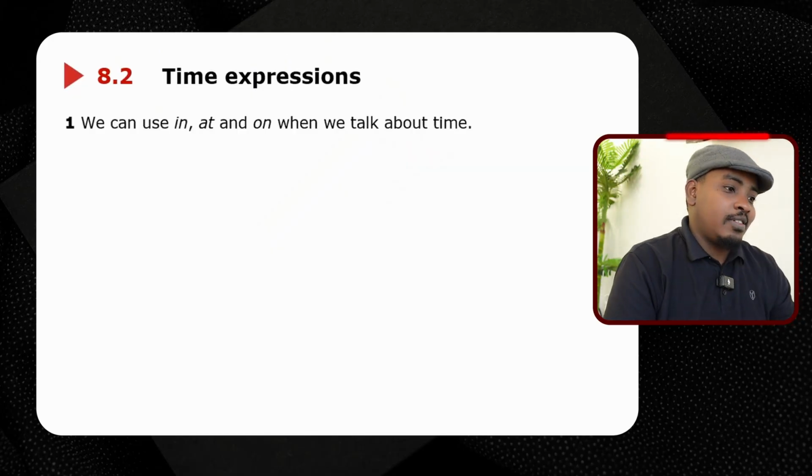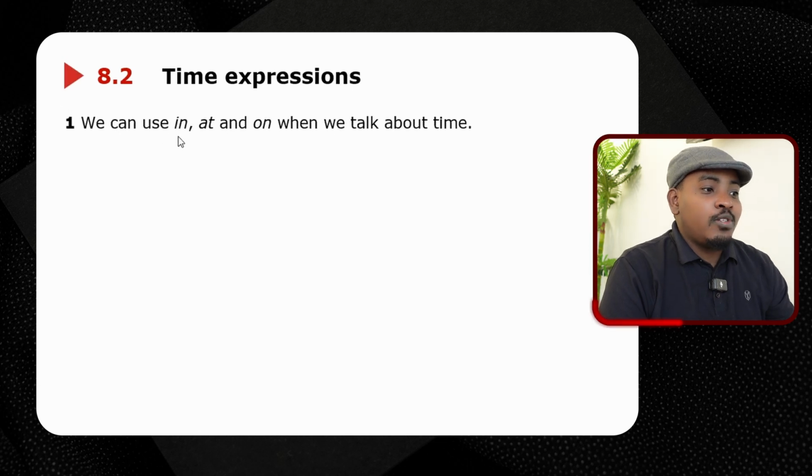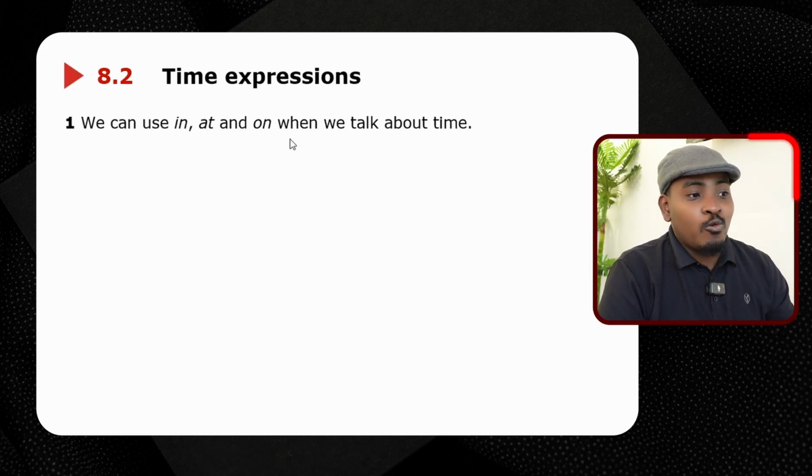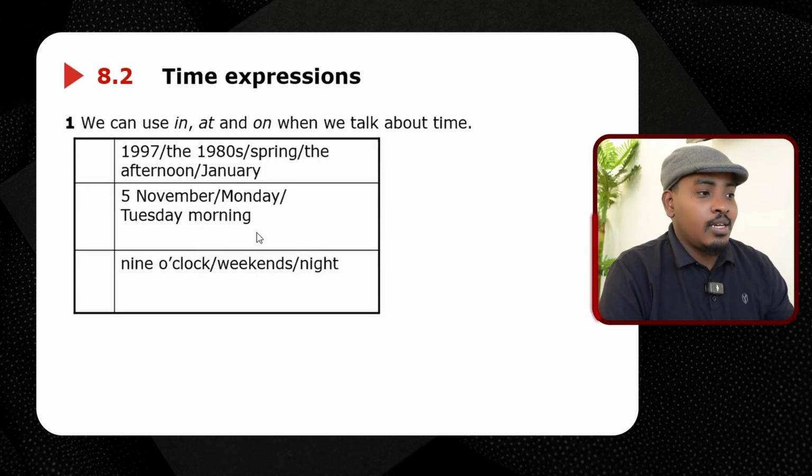Okay, let's have examples. We can use in, at, and on when we talk about time. Examples, in 1997, for example. Okay, in spring, in the afternoon, in January, in the 1980s, right?